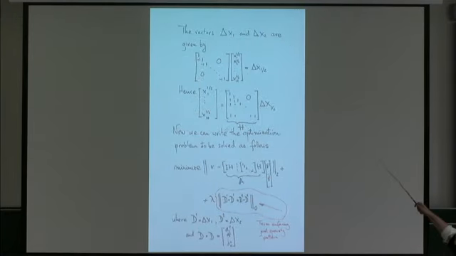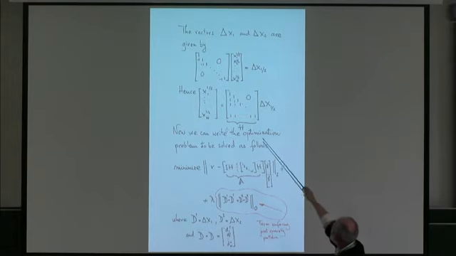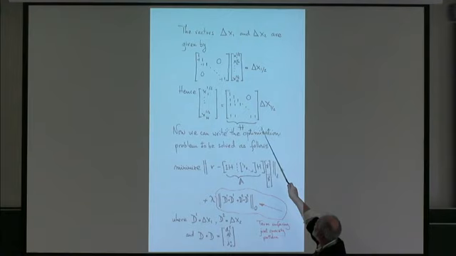Well, the vectors delta x1 and delta x2 can be written in the following way, and therefore x1 and x2 can be written as a lower triangular matrix of ones times these deltas.